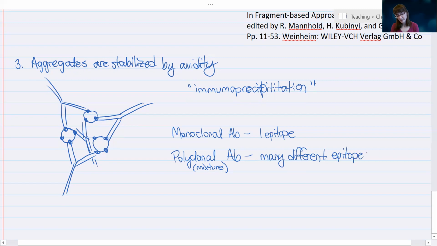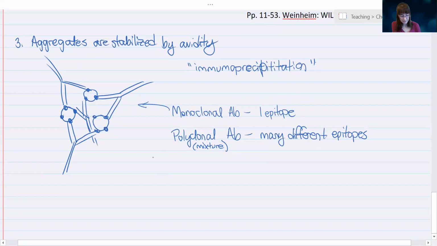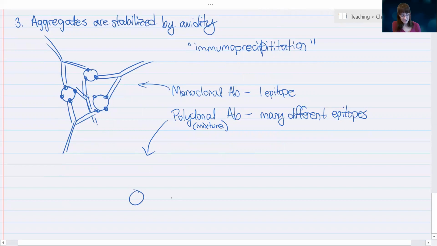What this means is that unlike what I've drawn here in this picture, where we had to have an antigen that had multiple copies of the same epitope in order to get this stable aggregation, a polyclonal antibody would be able to take advantage of antigens that perhaps only have one or very few copies of any one epitope.